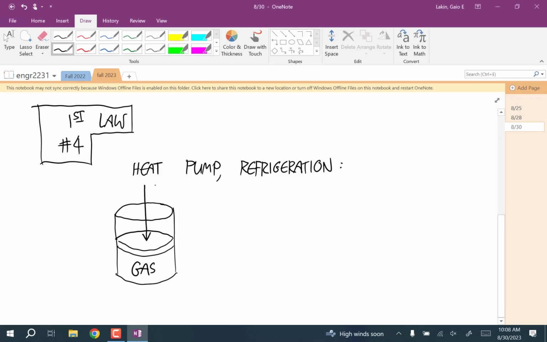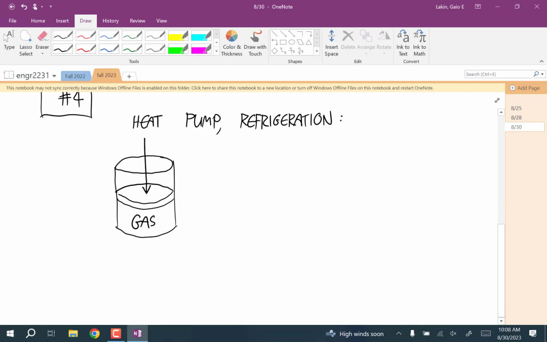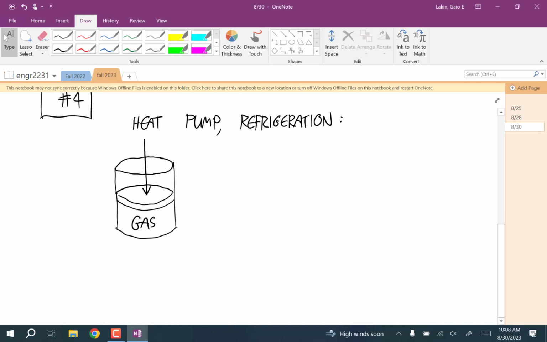The piston is pushed down, so work is done on the gas, and then at a later part of the cycle, heat leaves the gas.